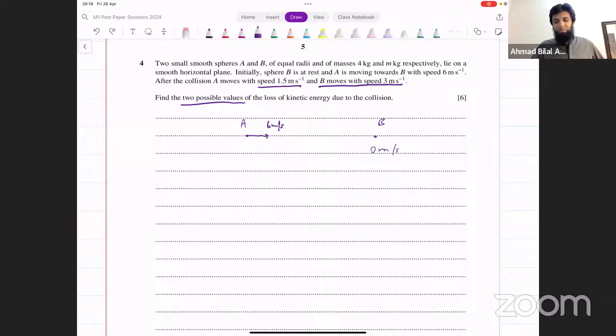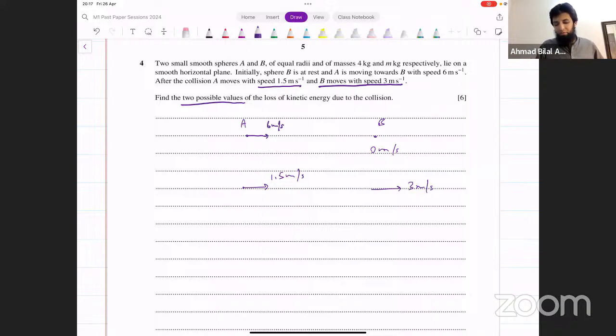Now, since B is being hit from the left side, B can only move in one direction. B will only move in the right direction. There's no other possibility for B. However, A is hitting B from the left side. Now, there are two possibilities for A. A could keep moving to the right side. That would be one possibility.